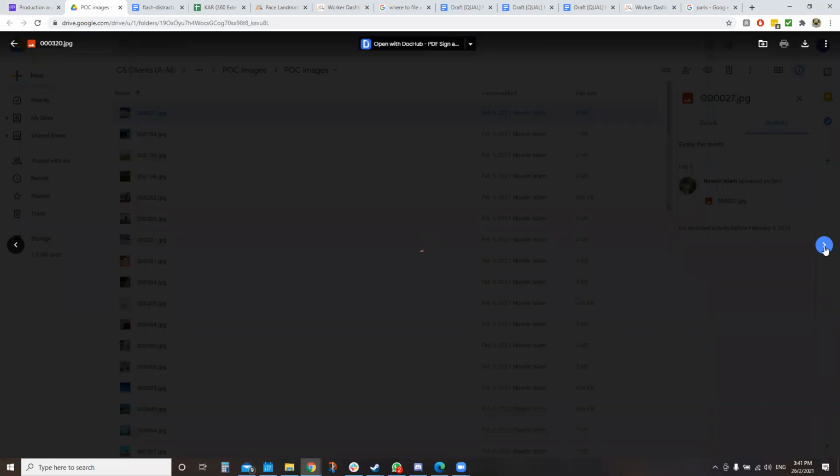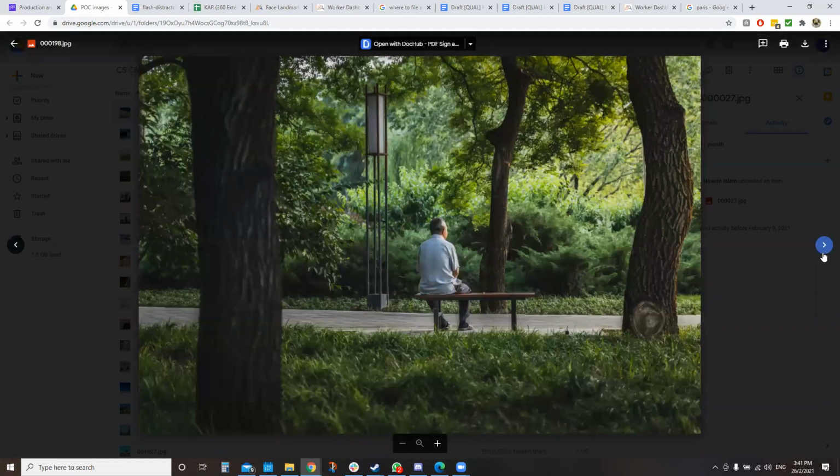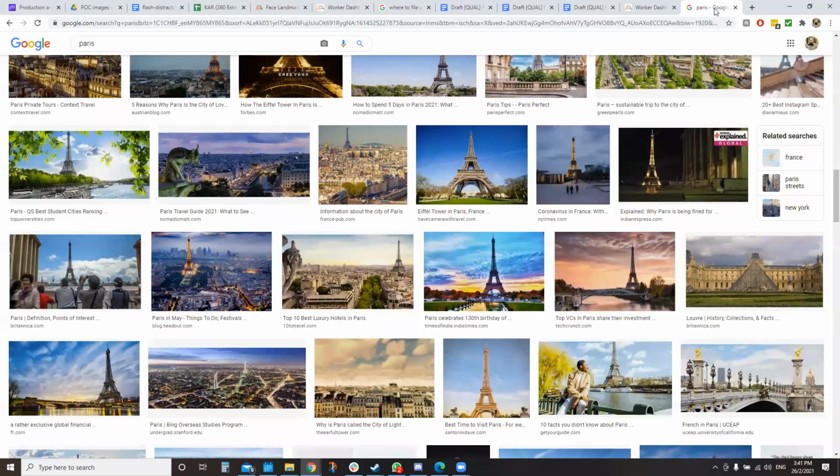These are all good pictures, nice pictures, but they are taken by people like us who don't really know what photography is.